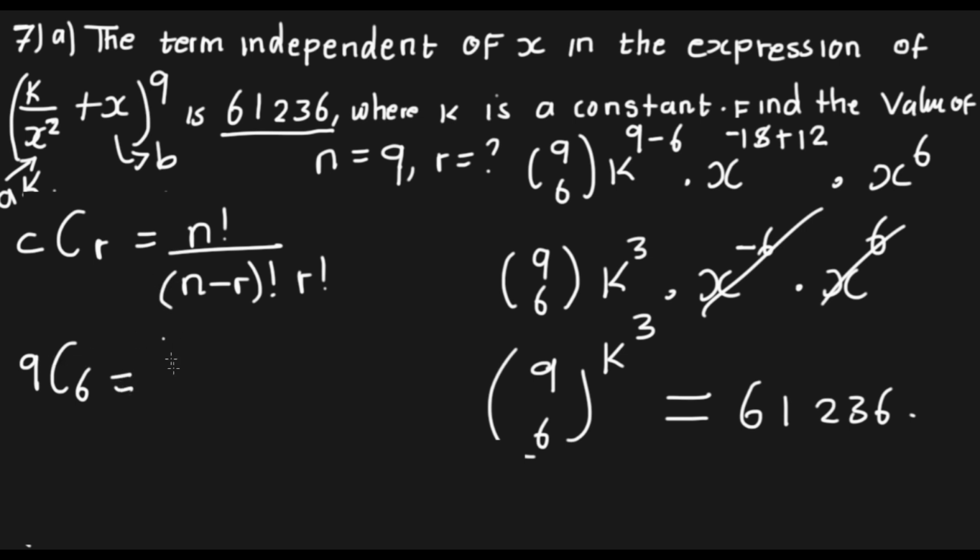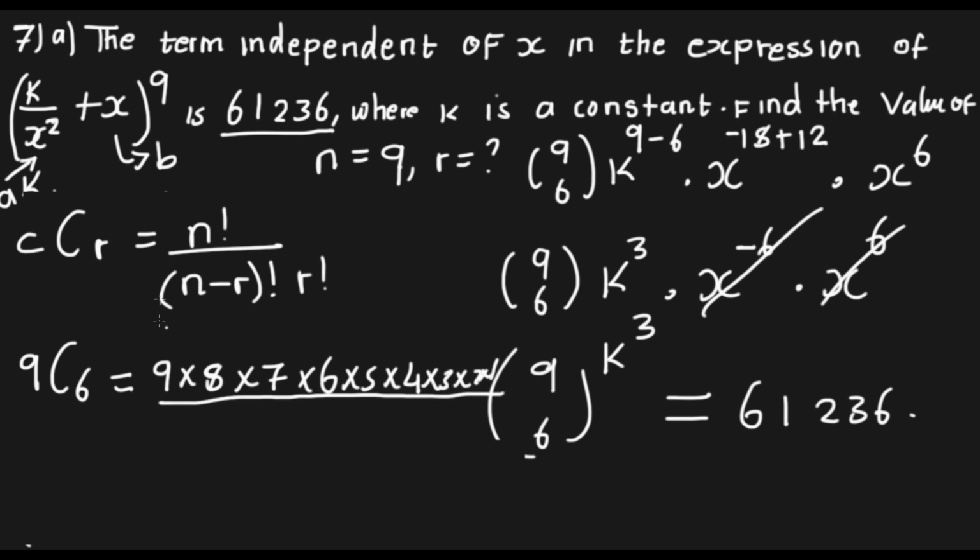So 9 factorial would be 9 times 8 times 7, and you multiply by the integers down to 1: times 6 times 5 times 4 times 3 times 2 times 1, divided by n minus r, which is 9 minus 6, that is 3. So 3 factorial is 3 times 2 times 1.